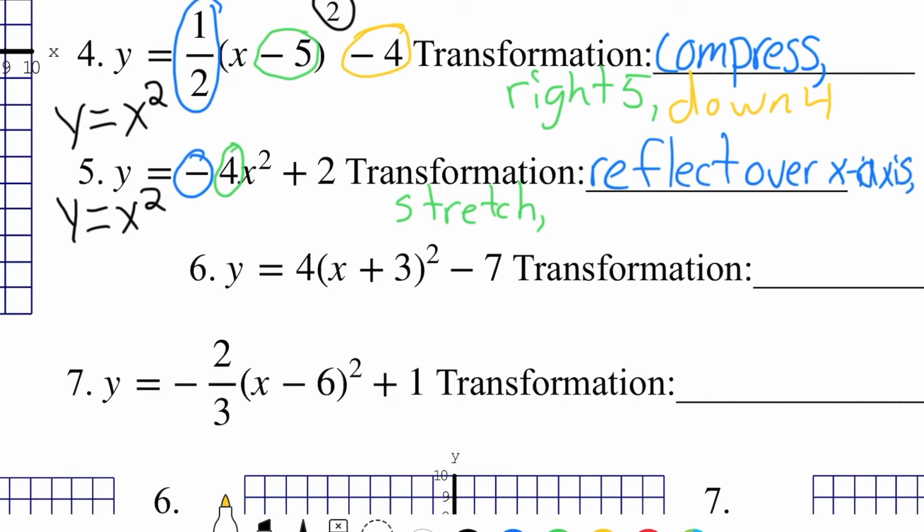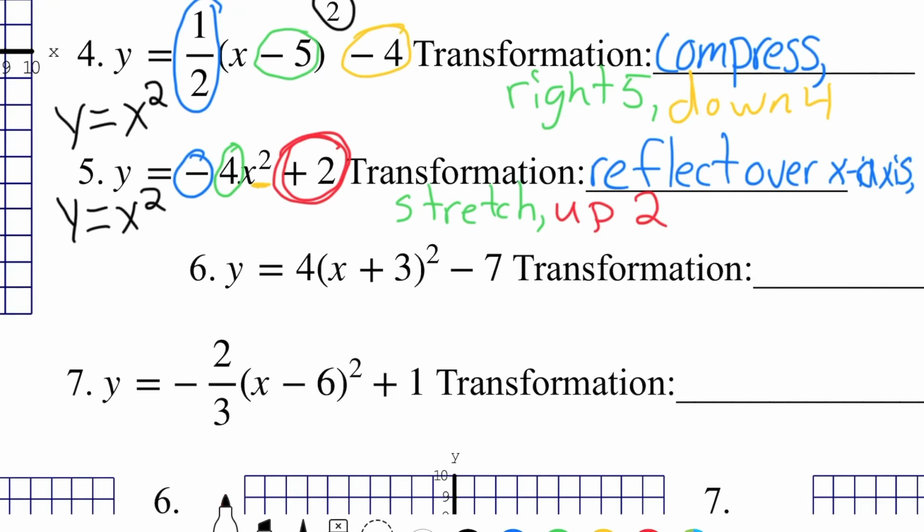We have nothing on the inside, meaning nothing with the x adding or subtracting. So we're not going to go left or right, but we do have a +2 outside or away from the x. So that is telling us to go up 2. Because we're going to be obedient to it because it's not with the x.